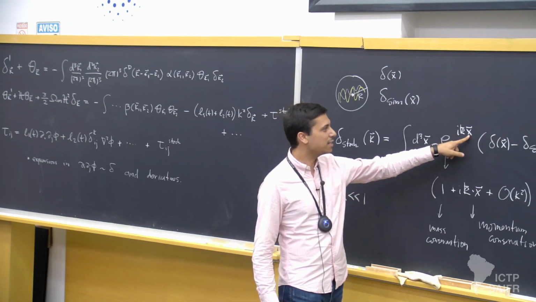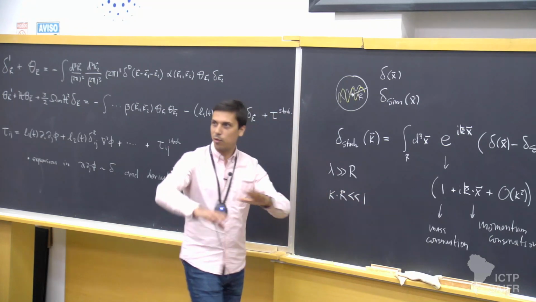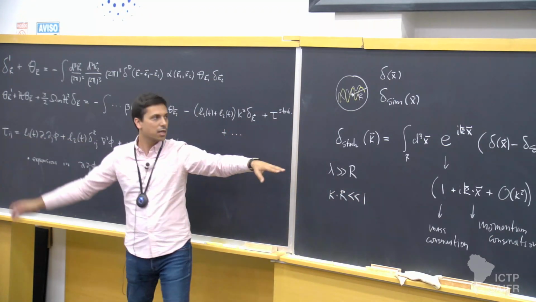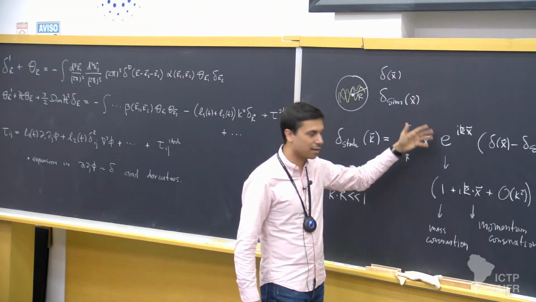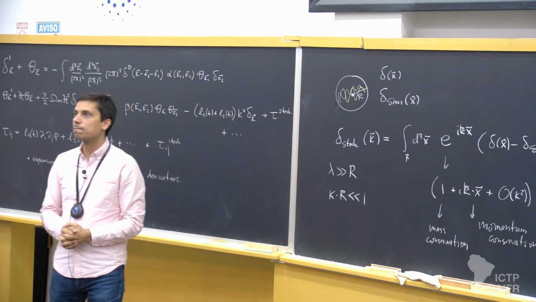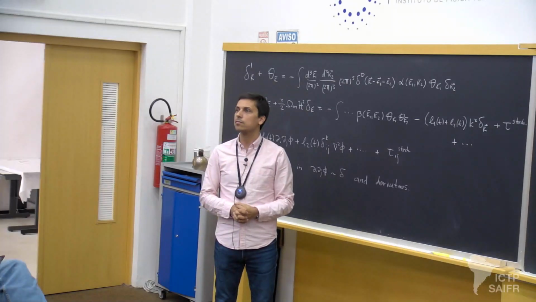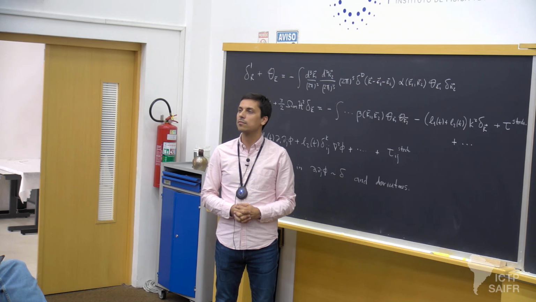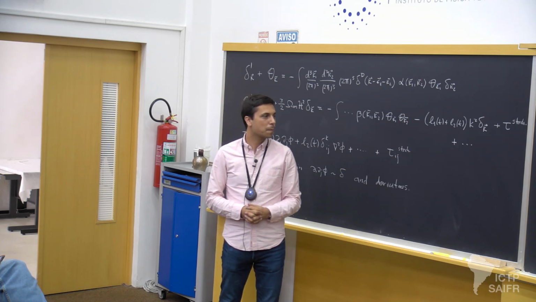Otherwise, x is smaller than r, but if I don't assume that I'm looking at the very long wavelength modes, then k times x can be as large as I want, and I cannot expand anything. But this is the order k squared contribution. So what I'm saying is you don't have to use this fact to show that the first two contributions in this expansion are not important for the stochastic perturbation, right?